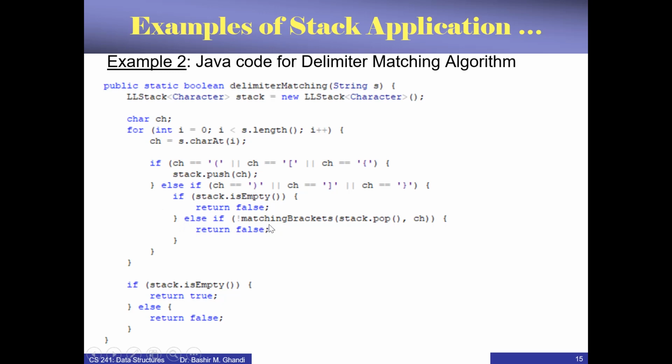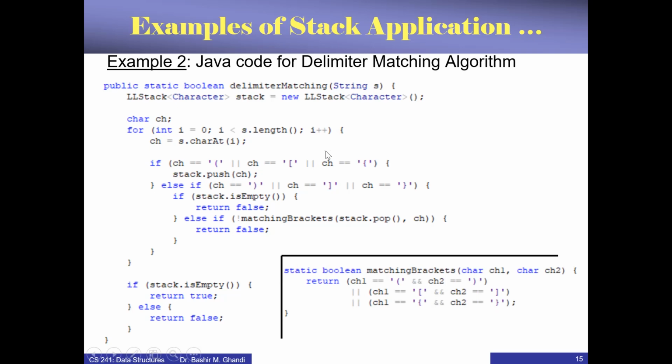Now this matching bracket is actually a separate small method. Let's go over it. Matching bracket is a Boolean method that takes two characters, ch1 and ch2. You can see it is returning true if ch1 is this type of left parenthesis and ch2 is this type of closing parenthesis, or ch1 is this and ch2 is this, or ch1 is this and ch2 is this.